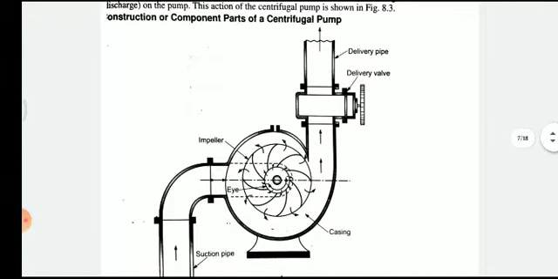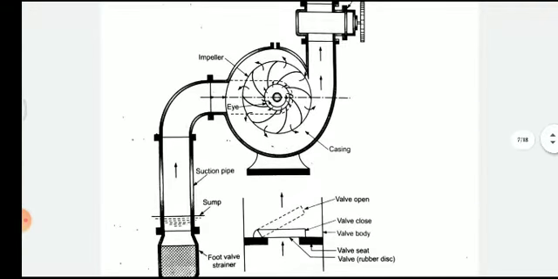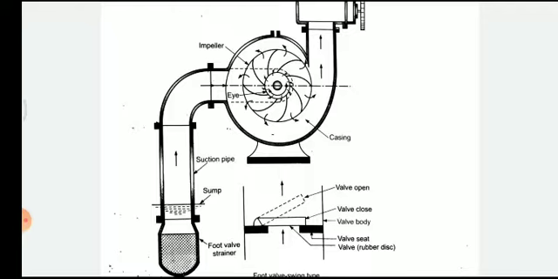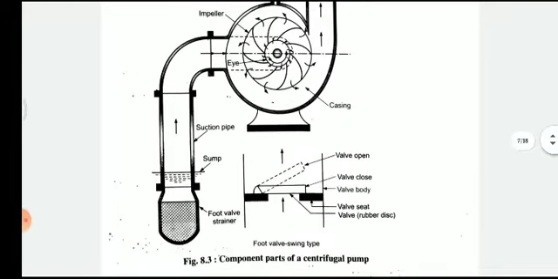And at the top, this one is the delivery valve. Then we have the suction pipe. The suction pipe has a suction head, and the sump is the liquid reservoir, and the suction pipe should be dipped to some depth in the liquid reservoir.